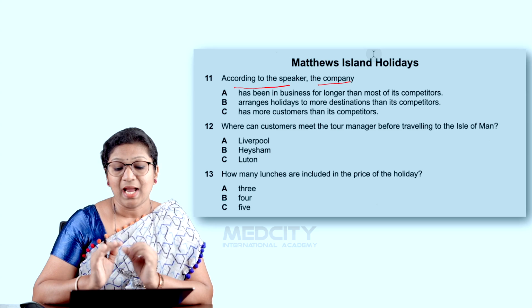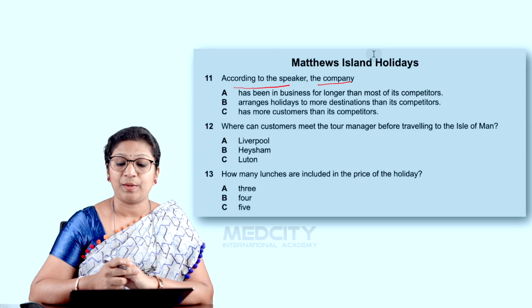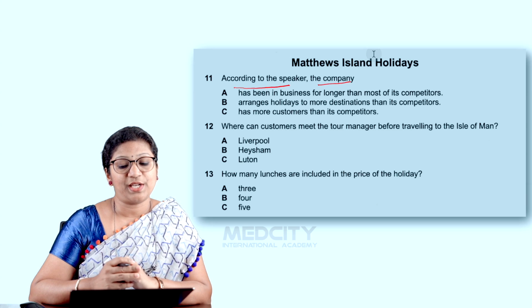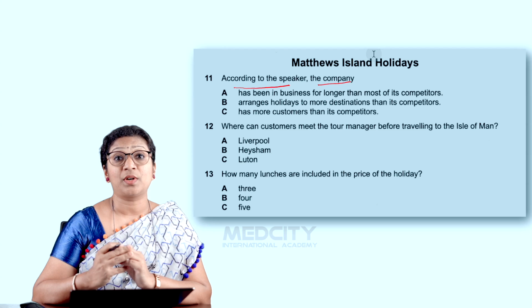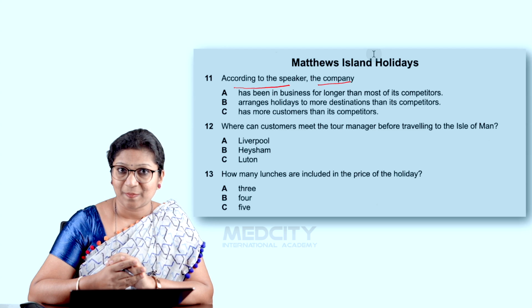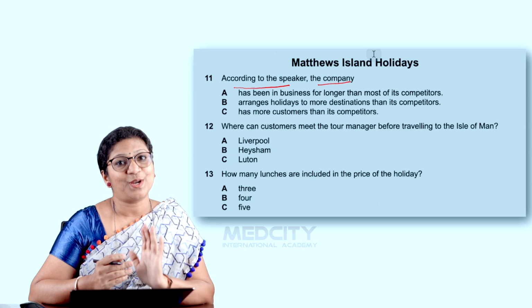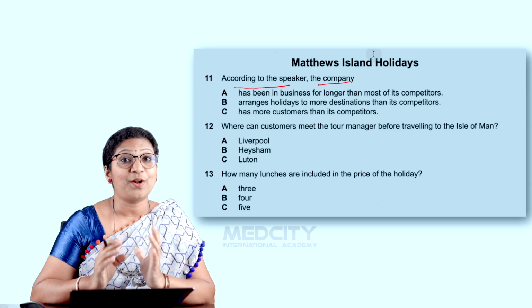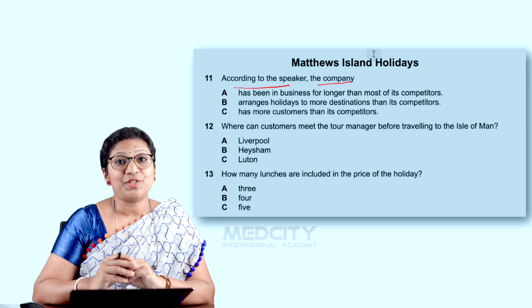Is it the company has been in business for longer than most of its competitors, or the company arranges holidays to more destinations than its competitors, or is it the company has more customers than its competitors? This we can identify only when we listen to the audio clip. Remember, we cannot apply a grammar rule here and see which grammatically matches the question.